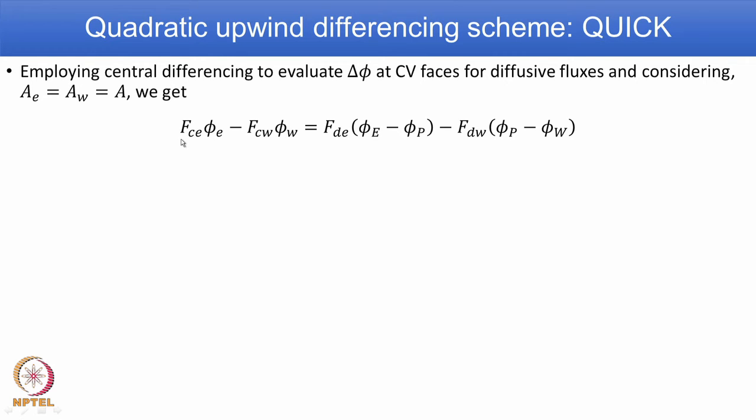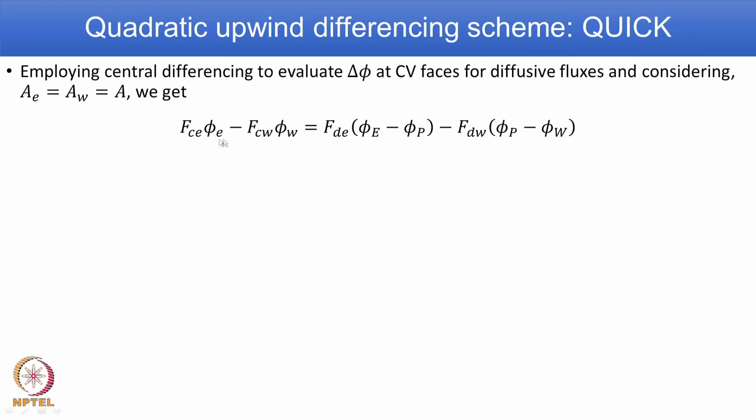This F is a flux and subscript C stands for convection and E stands for at the phase E. So, FCE phi at E minus FCW phi at W phase equal to FDE multiplied by phi E minus phi P minus FDW multiplying phi P minus phi W. The right side term is actually the diffusion term, and we learned this before. The new one is only the convection term.